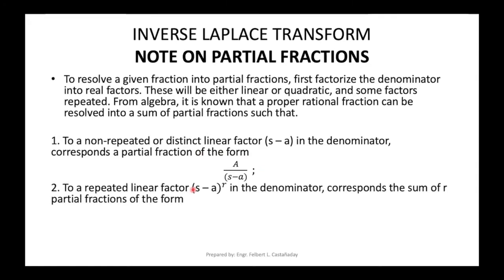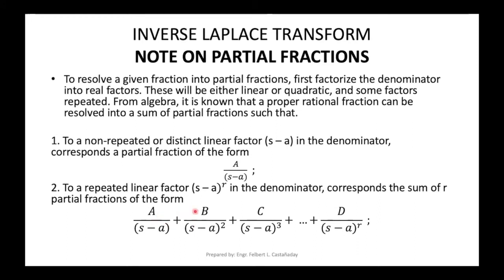So case number 2, a repeated linear factor, say for instance s minus a is the factor raised to r, where r is an integer, positive, depending on how many times this factor repeats in the denominator. Then the corresponding sum is of this form.